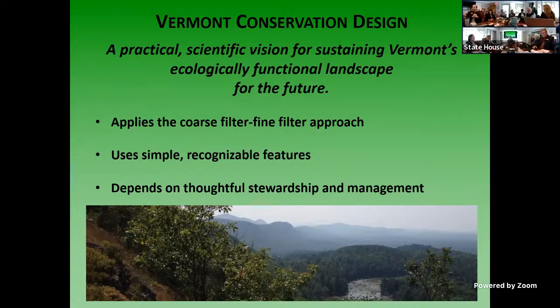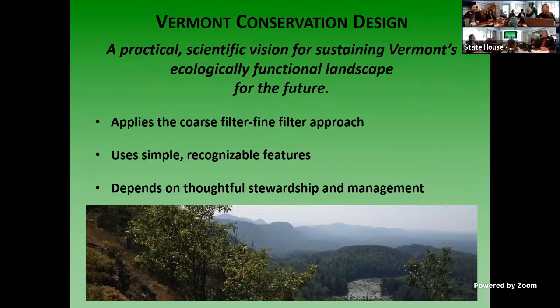We like to think of this as a practical scientific vision for sustaining an ecologically functional landscape, one that has the species we have now, that allows species to shift and adapt over time, and one that uses what I think are relatively simple features. You may not agree at first, but I think they're relatively simple compared to models that show dots or arbitrary areas on a map.